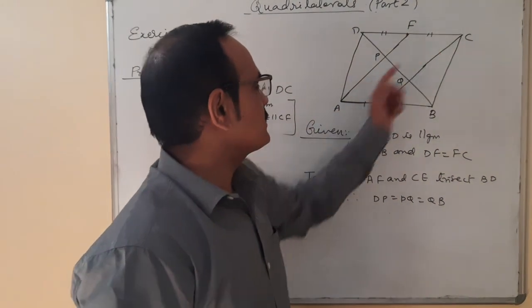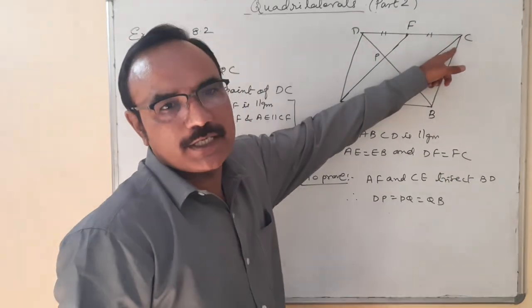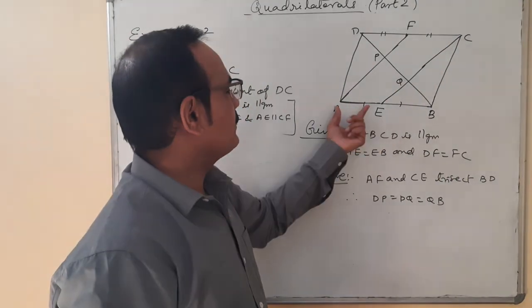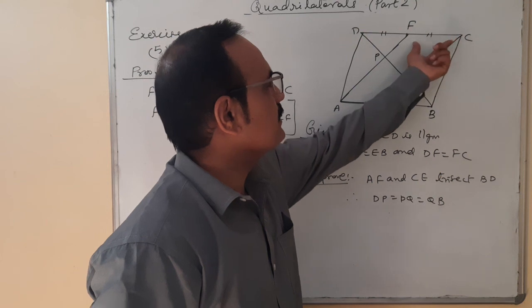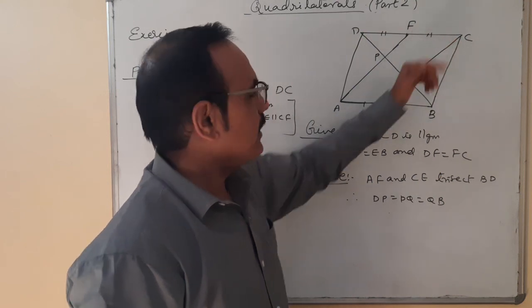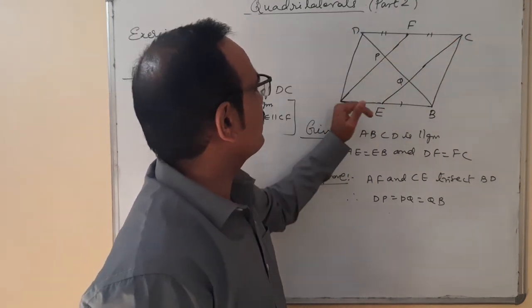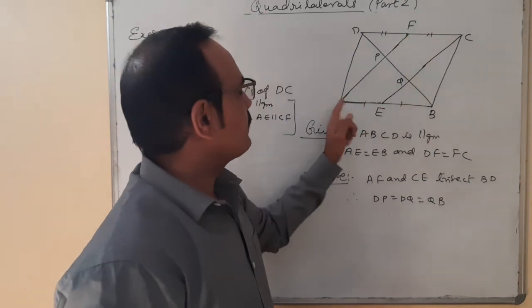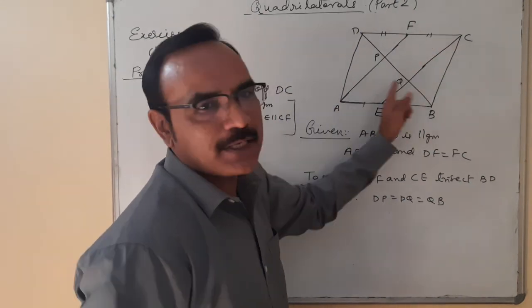AE is equal to CF since AB is equal to DC, ABCD being a parallelogram. So half of AB, that means AE, is equal to half of DC, that is CF. And since AB is parallel to CD, therefore AE is parallel to FC. So that means AECF is a parallelogram.